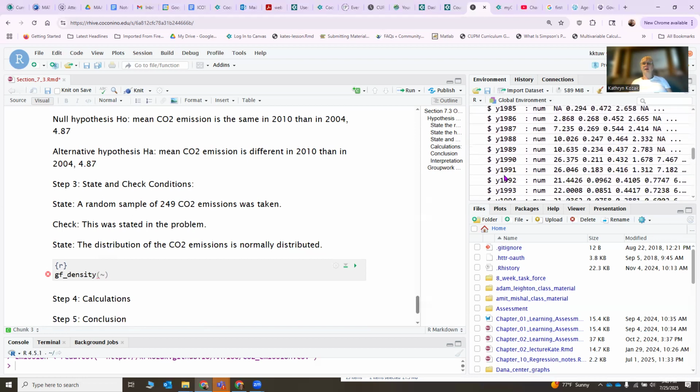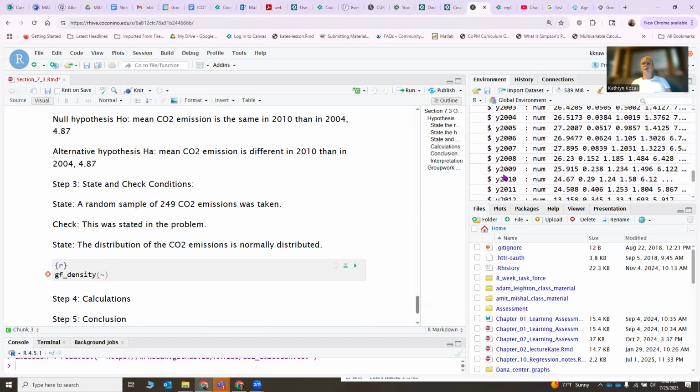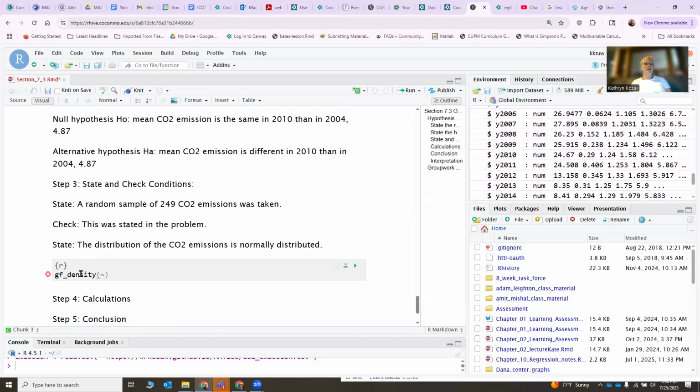So notice there's a Y in front of these, and we've got emission levels in lots of different places, but we want the one in 2010 because that's the year we're interested in. So we do Y2010, and data set is equal to emission. And then I'll put a title on it, CO2 emission levels in 2010.